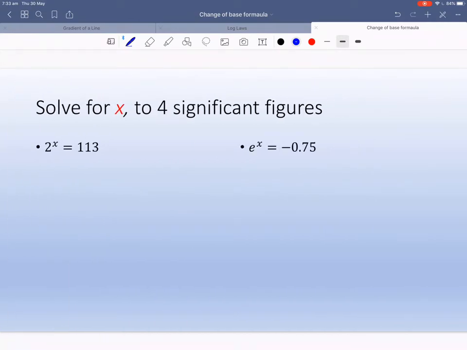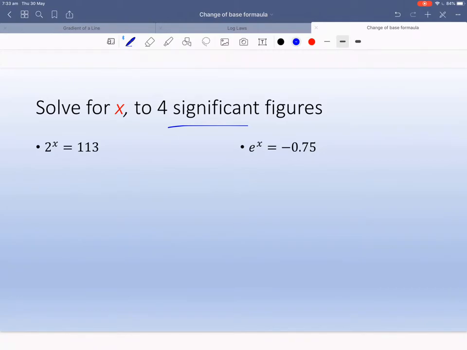Okay, let's do a couple more examples. I want to solve for x, to 4 significant figures. See how it's 2 to the power of x. So I need to get x by itself.